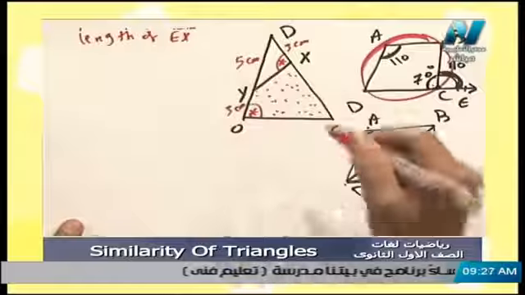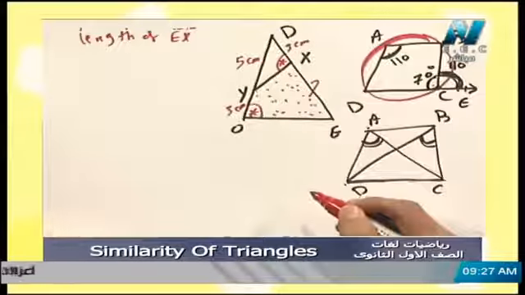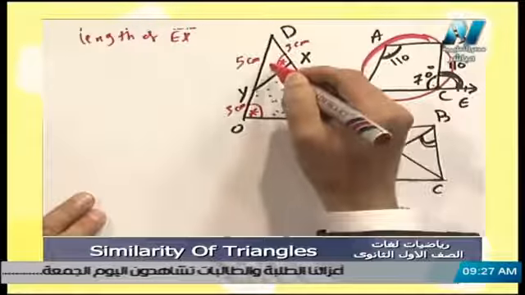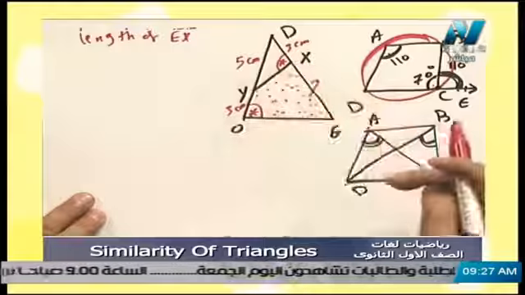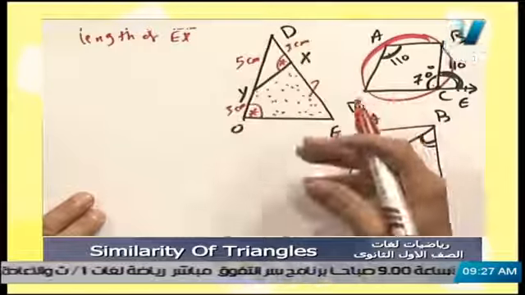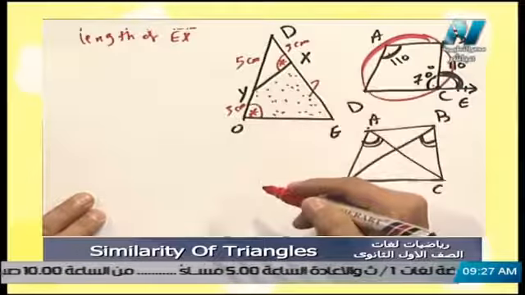Where is XE here? It is this one. So let's prove that triangle DXY is similar to triangle DOE, to have ratios equal to each other, to find the length of XE.